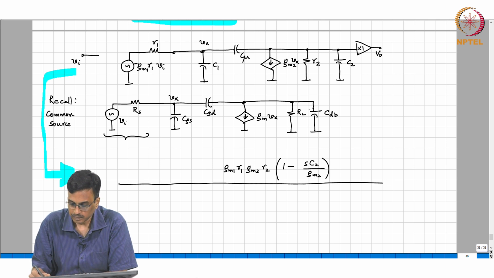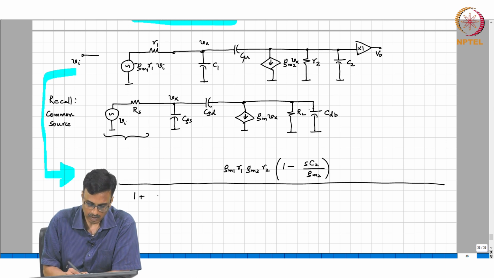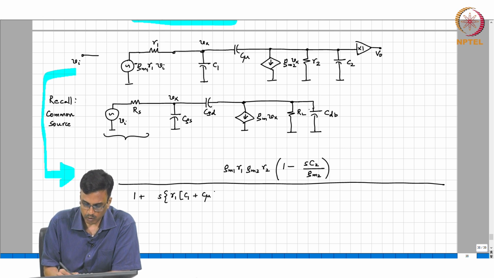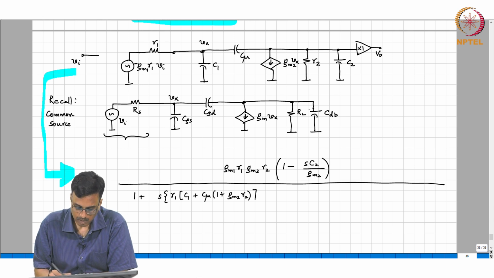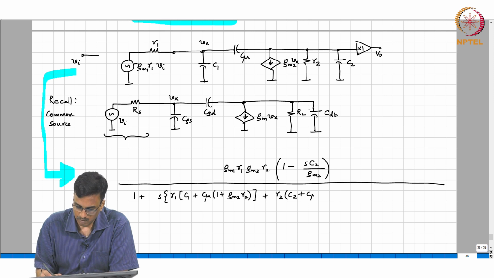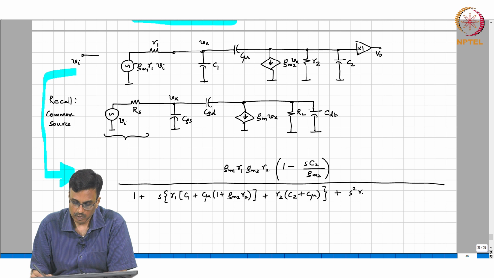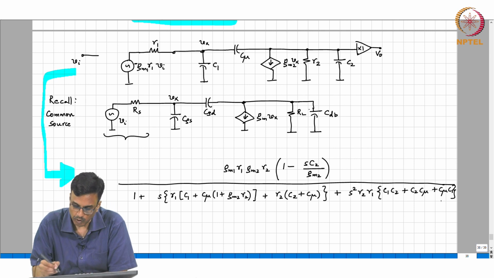This divided by 1 plus S times R1 times C1 plus C mu into 1 plus GM2 R2 plus R2 times C2 plus C mu plus S square times R1 R2 times C1 C2 plus C2 C mu plus C mu C1. C mu, not C2, sorry, C mu.